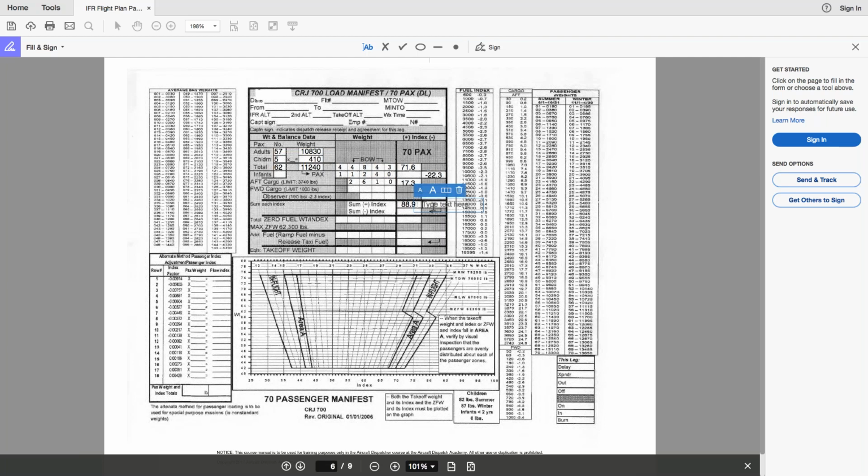Just bring down that negative 22.3. Okay, and 88.9 minus 22.3 gives me 66.6.